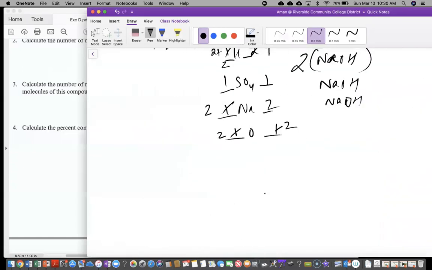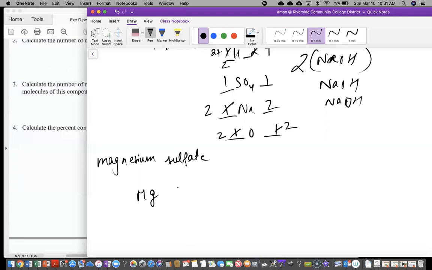So guys, first thing is, what is magnesium sulfate? Isn't it Mg? Magnesium's Mg and sulfate. Don't jump to the answer. Do the steps. So magnesium is Mg, you're right. And then what is sulfate?